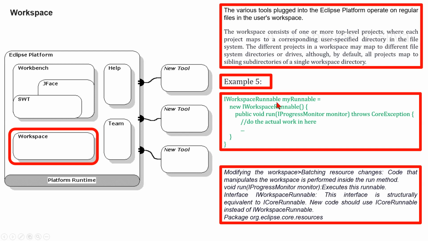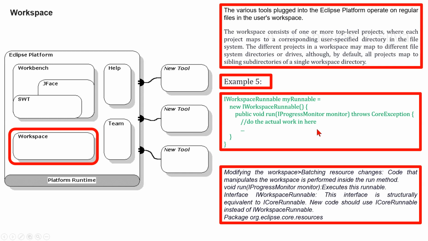The actual work is done inside the run method with progress reported to the supplied IProgressMonitor. Code that manipulates the workspace is performed inside the run method. When it is time to run the code, your plugin tells the workspace to run the code on its behalf.